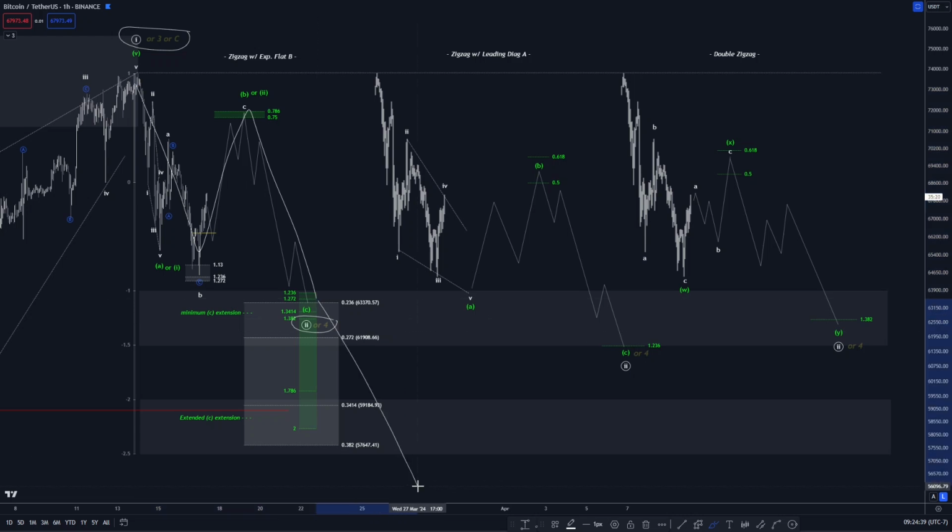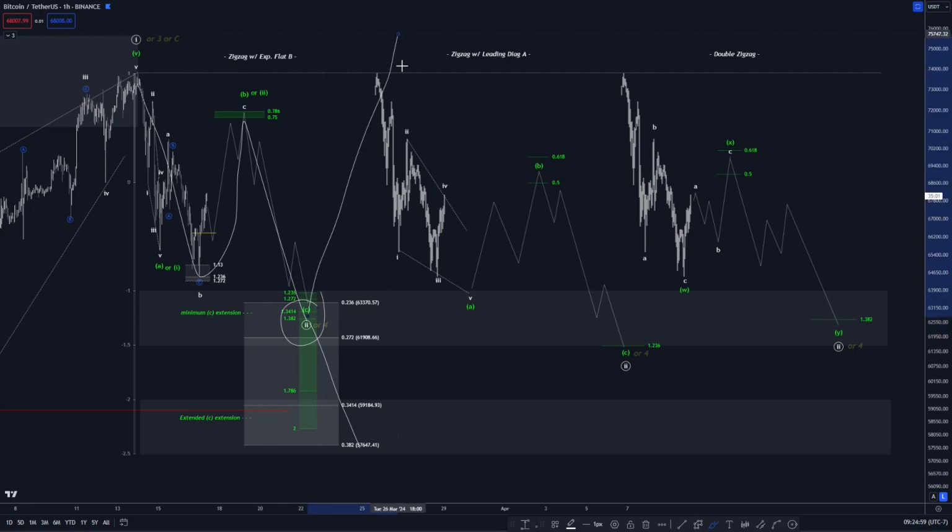Maximum, it could be like this. But minimally, we're getting this structure right here, no matter what. So we can play off of that. After we get this structure, it becomes difficult, because are we going to dig deeper? Or did we meet minimum expectations and now it's time to make new highs again? This is the point where things get difficult.